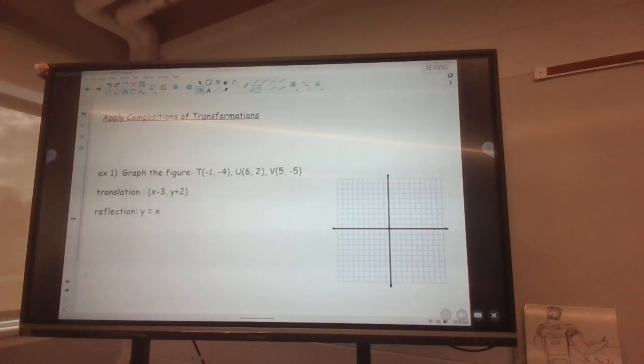So it says to apply compositions of transformations. All that compositions mean, it doesn't mean we're writing a paper. Sometimes compositions are a paper. It just means multiple transformations.